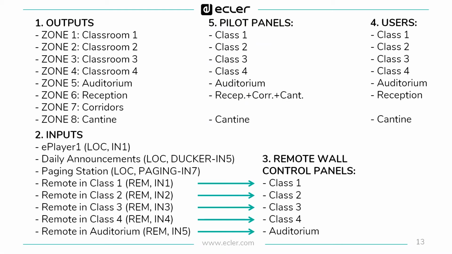Every panel will control one zone. So we'll have one panel controlling classroom 1, another controlling classroom 2, etc., excepting a specific case of one panel controlling reception, corridor, and canteen, that we will see. But generally, panels will control one zone.